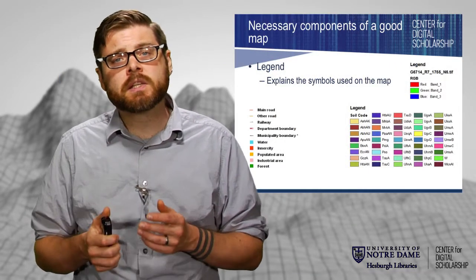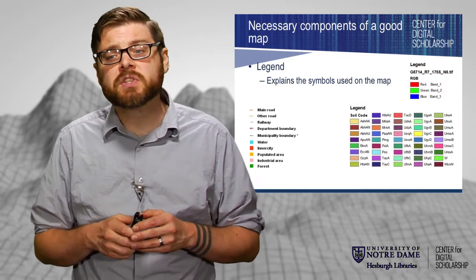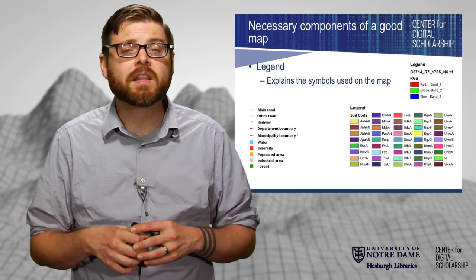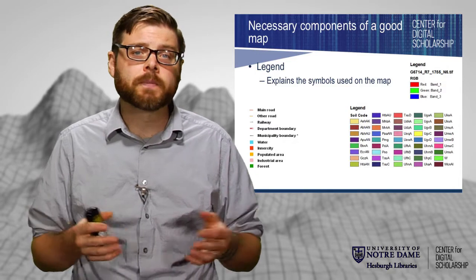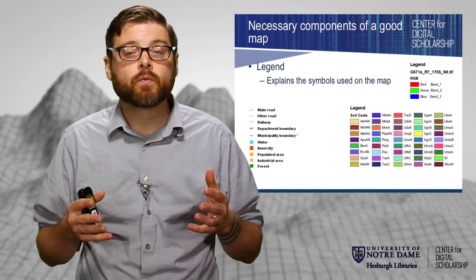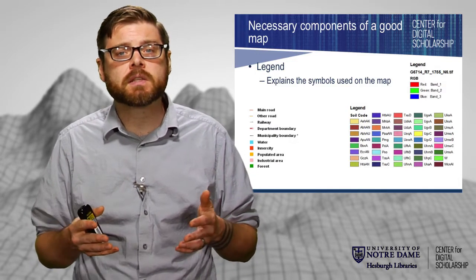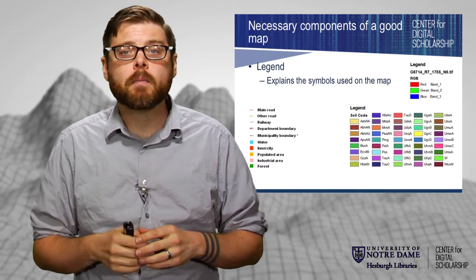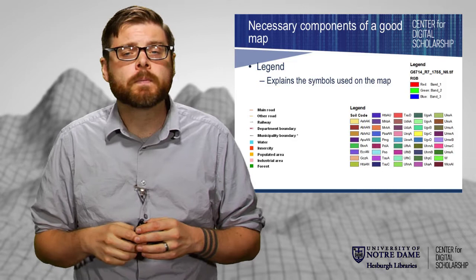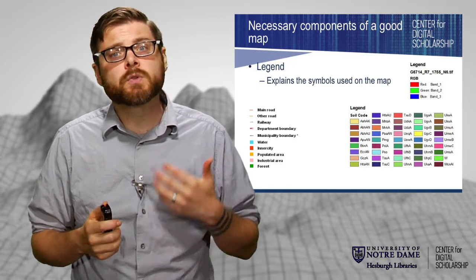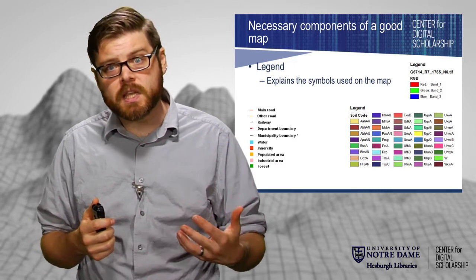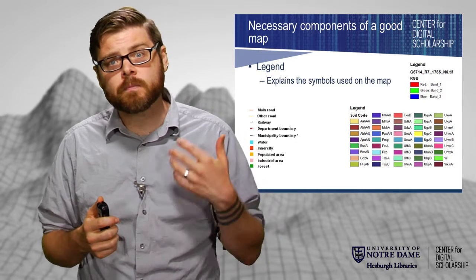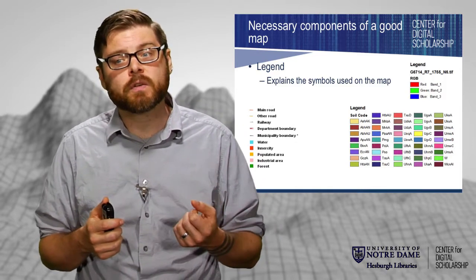Now the second thing that we need is a legend. And this is essentially just something to explain the symbols that you've used on the map. It could be really obvious to us that a little symbol like this equals a picnic table, or a cross equals a hospital, or something like that. But those are cultural constructs that we see and we understand that may not be truly obvious to everyone out there.